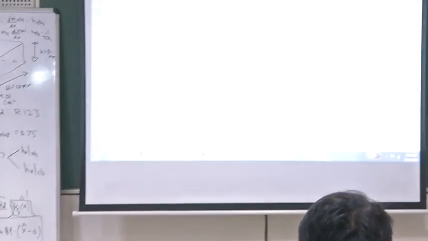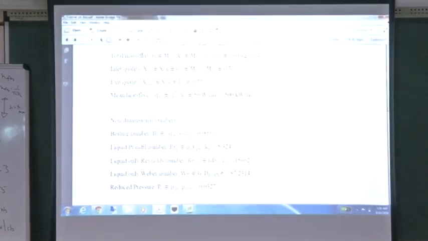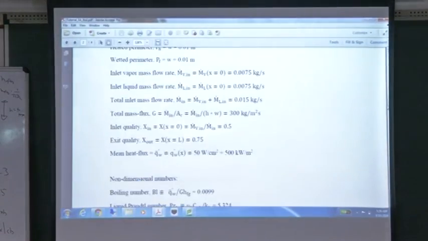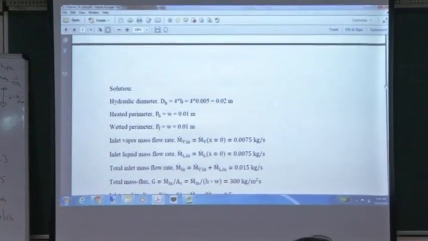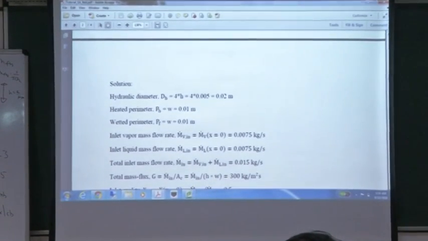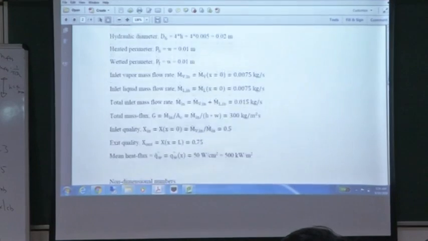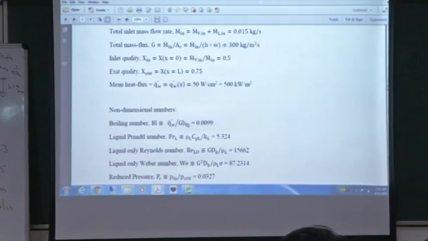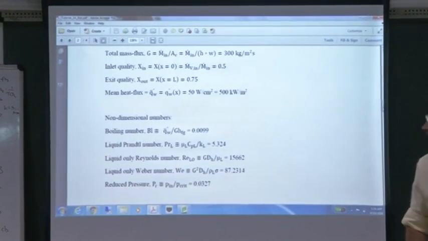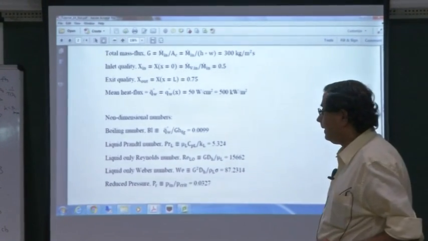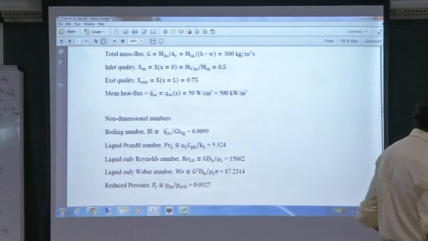If you use the height H, hydraulic diameter dH is equal to 4 times H, and somehow I think that needs to be used.